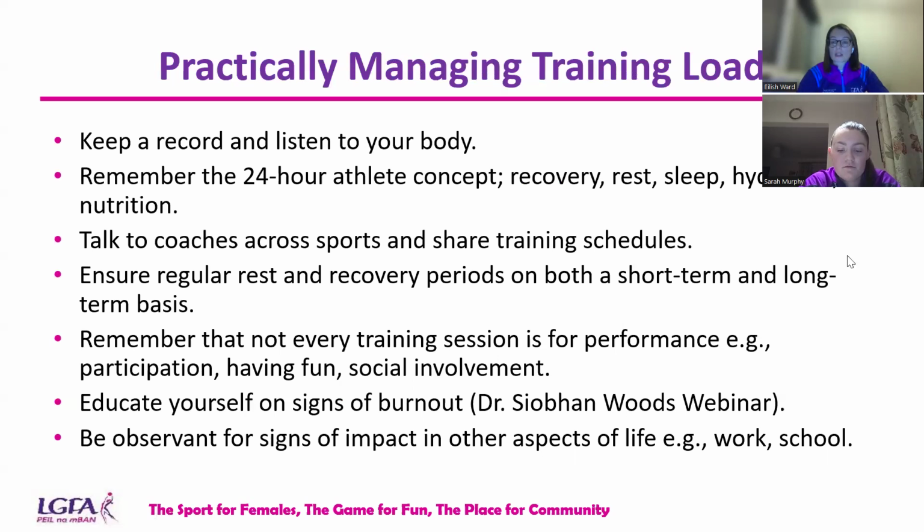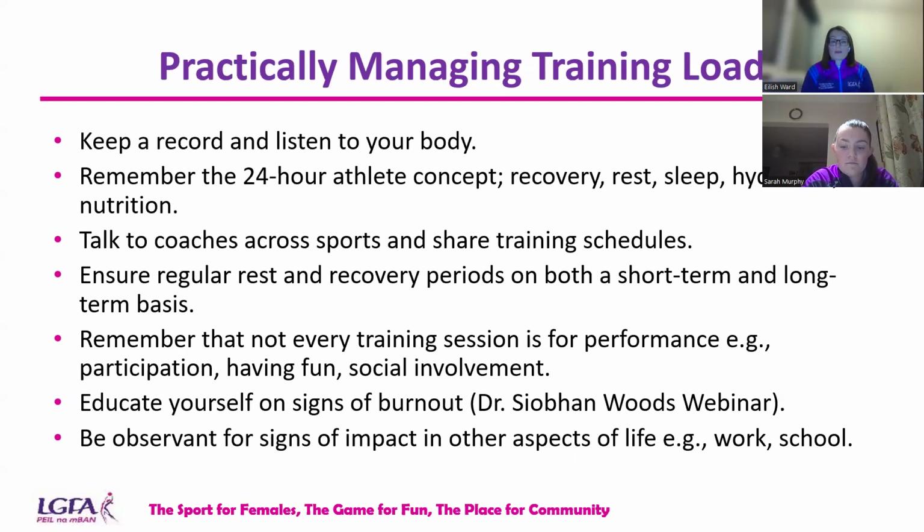Whilst we can't always manage the training load directly as players or coaches, there's lots of other stuff we can do to help mitigate some of this. So get really good recovery, rest, sleep, hydration and nutrition, those building blocks right for supporting training load.